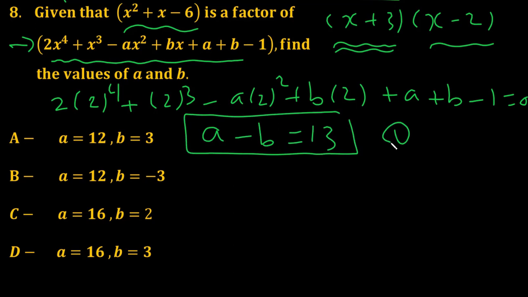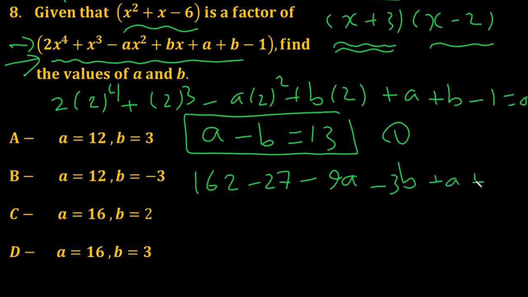Here again, we substitute x equals negative 3 in the same expression. We can get 162 minus 27 minus 9a minus 3b plus a plus b minus 1 equals 0.